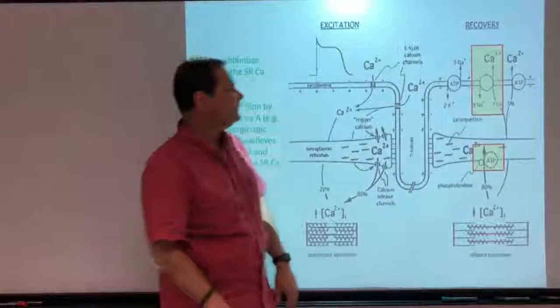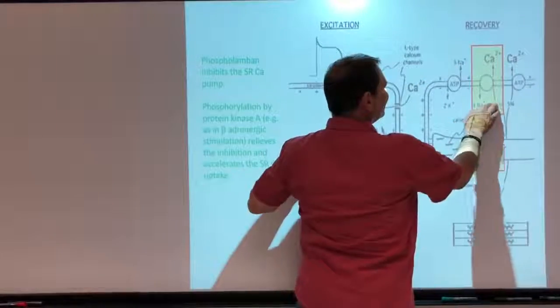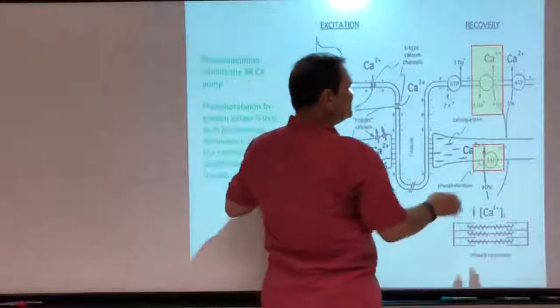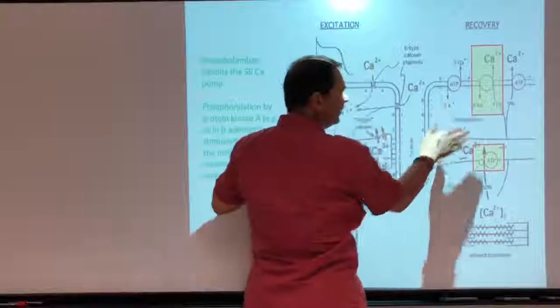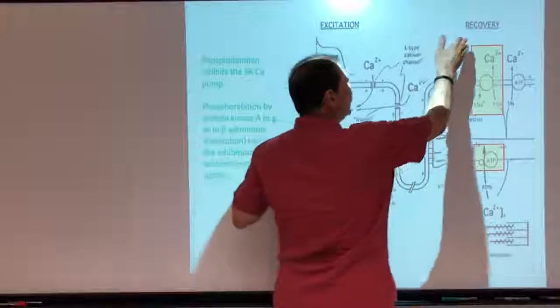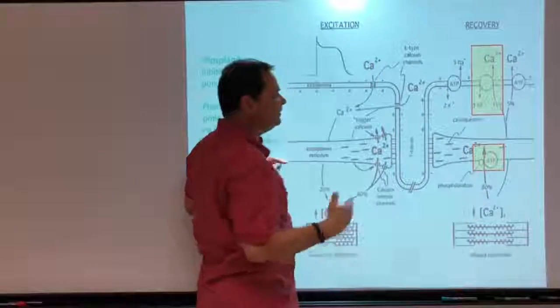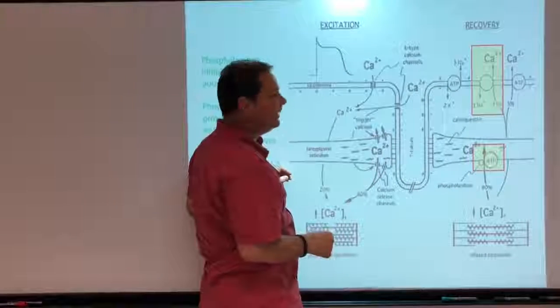The other thing that happens is primarily your sodium-calcium exchanger carries calcium from the cytosol into the extracellular space. As you know, we have high sodium on the outside of the cell, low sodium on the inside of the cell. Sodium wants to go from high concentration to low concentration. That concentration gradient is established by your sodium-potassium ATPase, right?